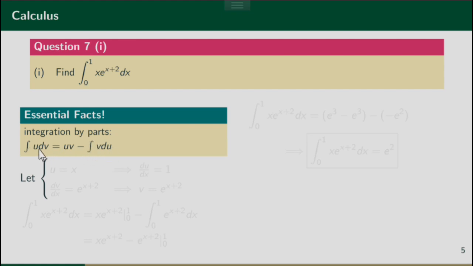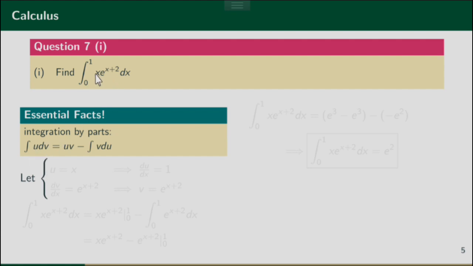That means in the integral, you need to take one of the functions to be u, which you differentiate, and take the other function as dv, which you integrate. Now, your choice of u and v is very important, because u should be such that when you are differentiating, the power is reduced so that your integral can be reduced into an integral which can easily be integrated.